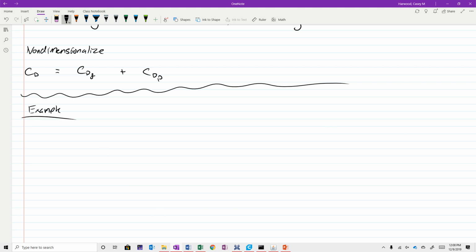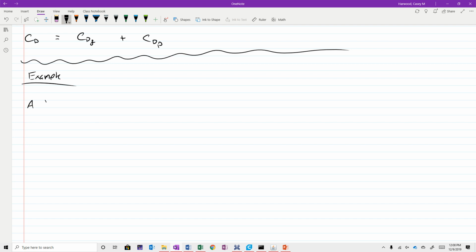All right, so let's consider a building located on a flat expanse of ground with absolutely nothing for miles around.